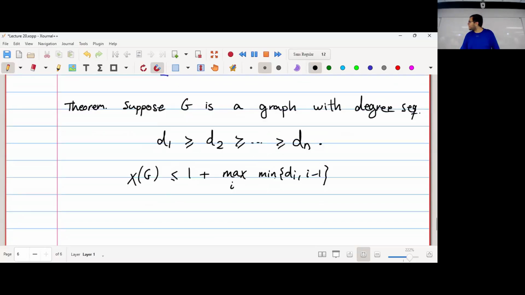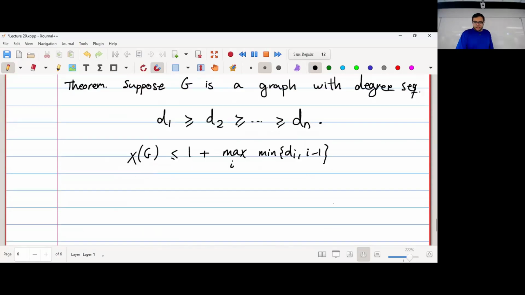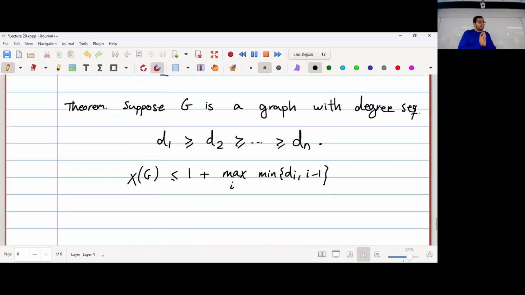Now, this might look weird, but this is just coming out of the analysis of this algorithm, and you're going to see where this came from. A lot of theorems in math, and especially in discrete math and parts of math that are used in computer science, are kind of weird in the sense that if you see the theorem, you might not know how to prove it, but there is a very natural explanation for where it came from.